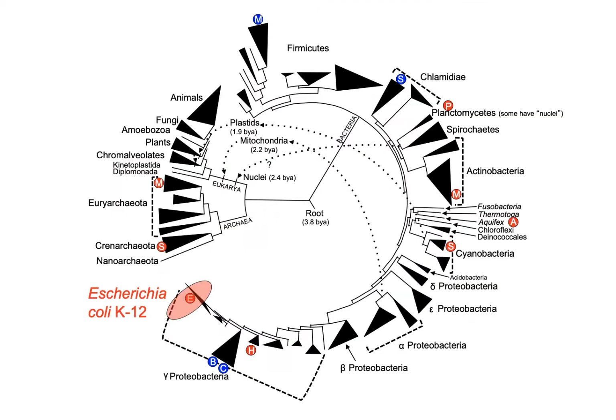The next genome I want to discuss is E. coli K12. So this is one of the strains of E. coli. And remember that all E. coli are not equivalent. So this is one that exists in human colons, and it's actually a minor component of the microbiota of the colon.